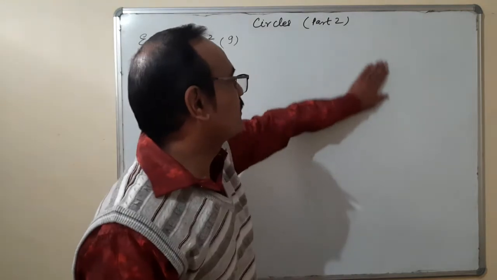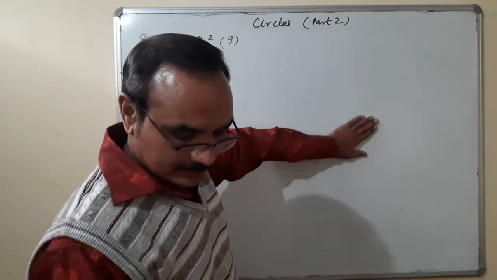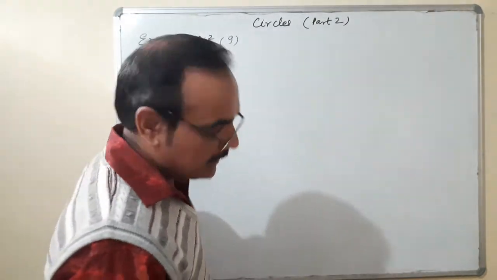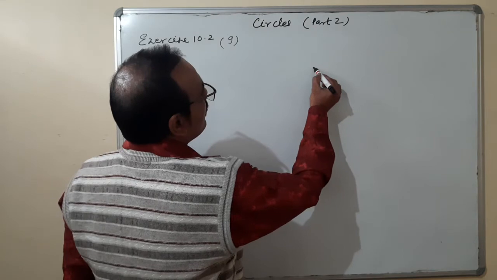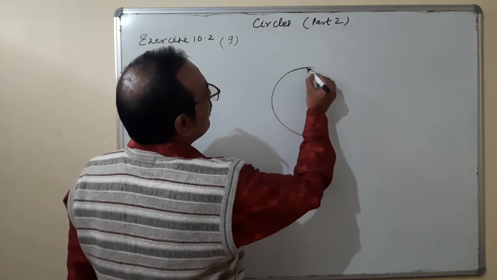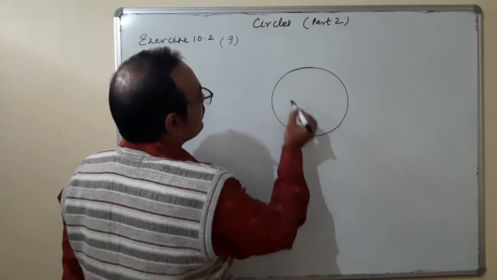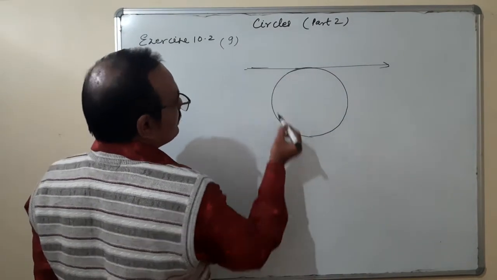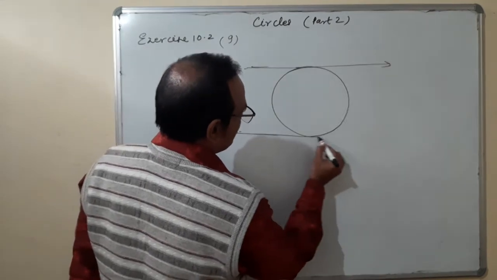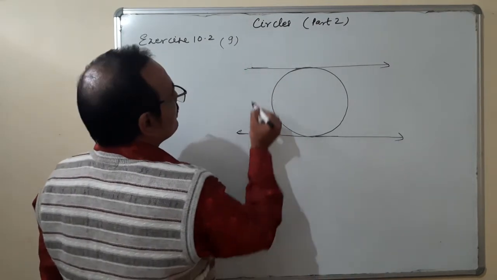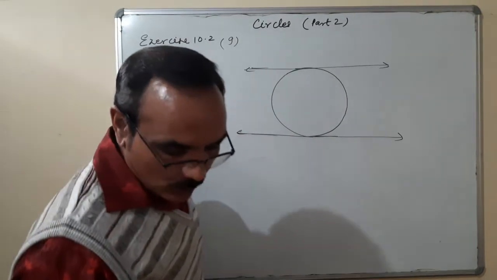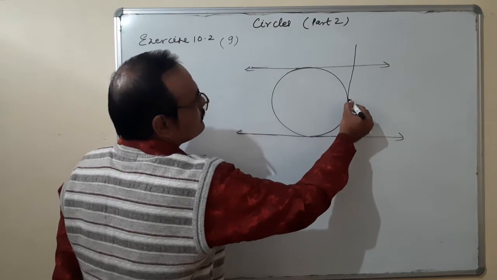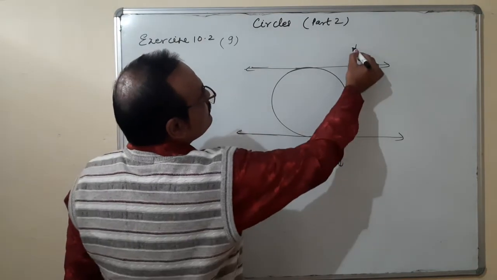In question number 9, two lines are parallel and one is a transversal. Diagram is there. Circle. Two lines are parallel and one line is a transversal.